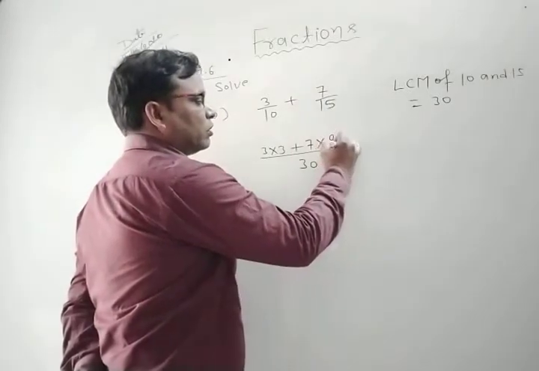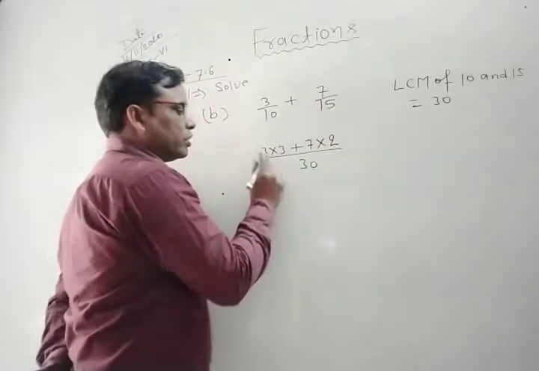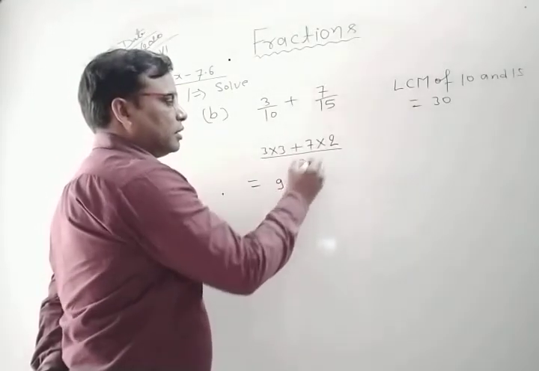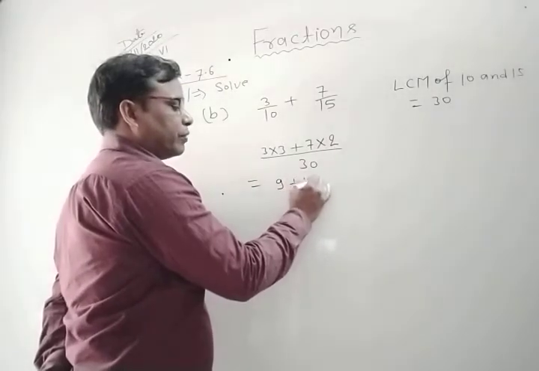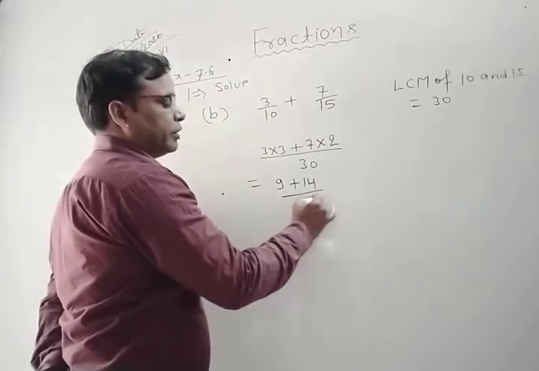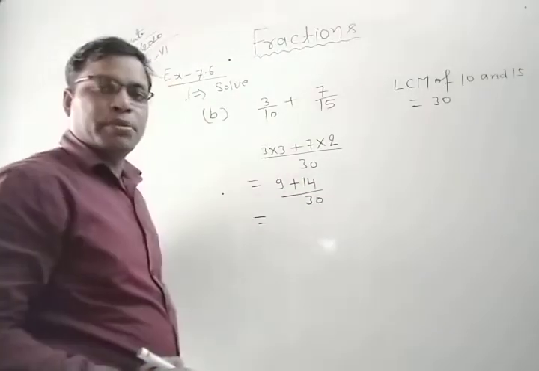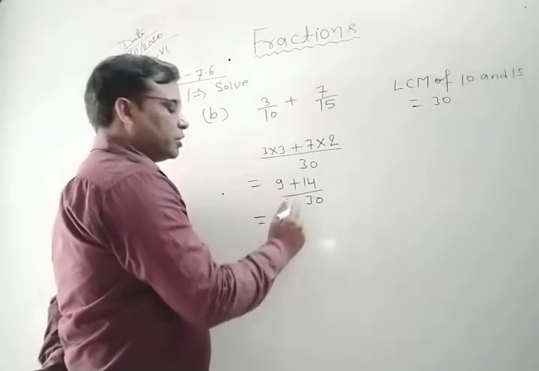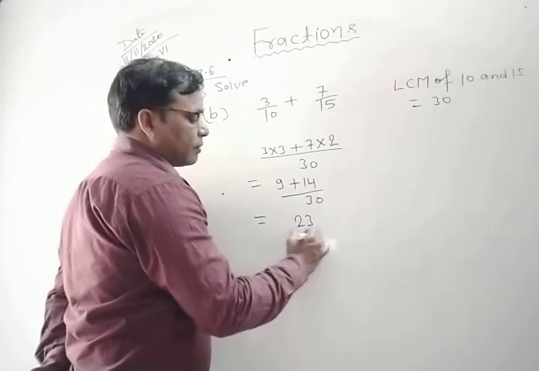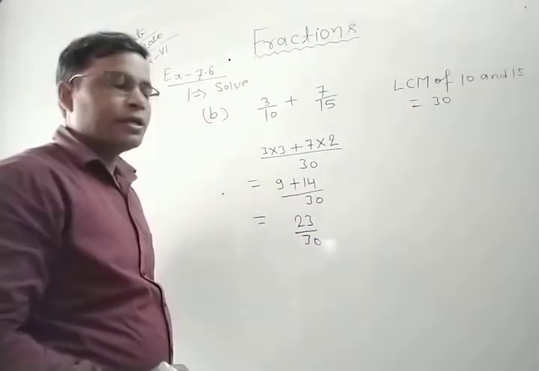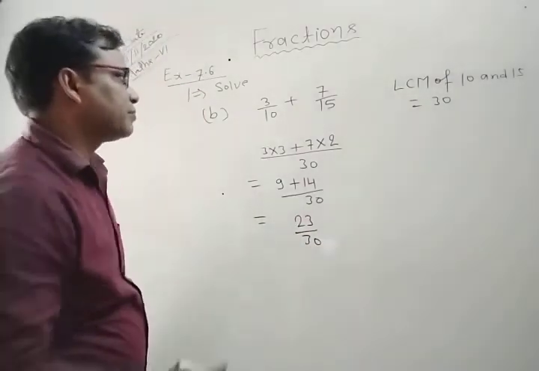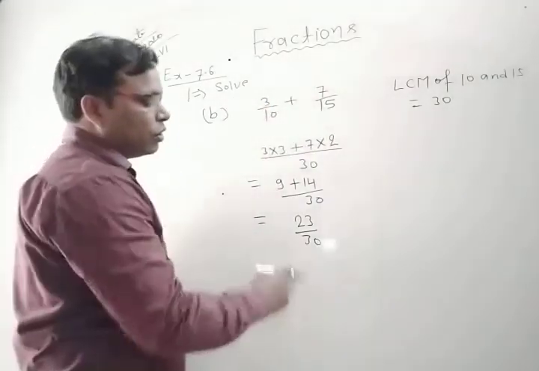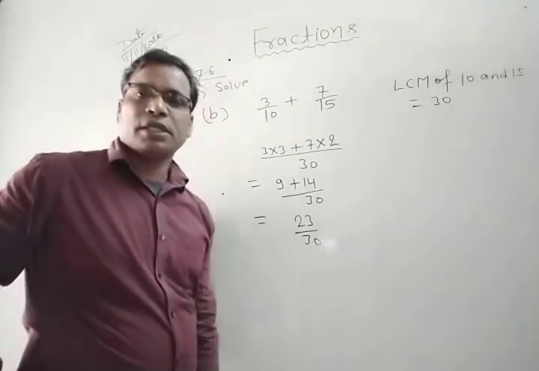Now 3 threes are 9 plus 7 twos are 14 by 30. So 9 plus 14 by 30 is equal to 23 by 30. So in this way 3 by 10 plus 7 by 15 is equal to 23 by 30.